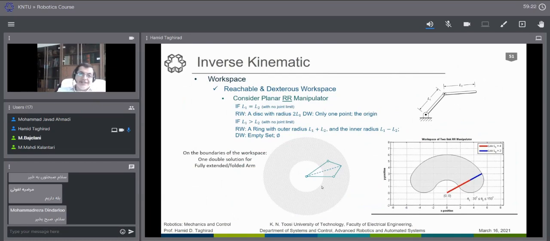Let's talk about it in a simpler version. When we are solving the inverse kinematic problem, we are not solving it only for one point. We don't say, if we would like to reach to here, what would be my inverse kinematic problem? Usually we have a path.